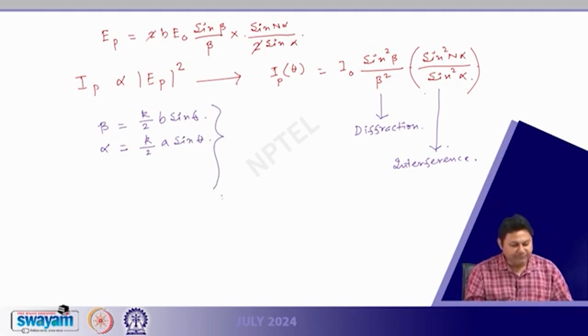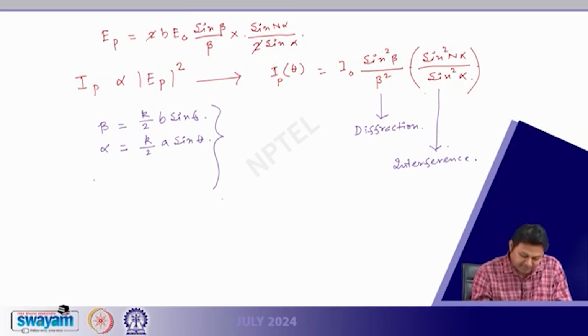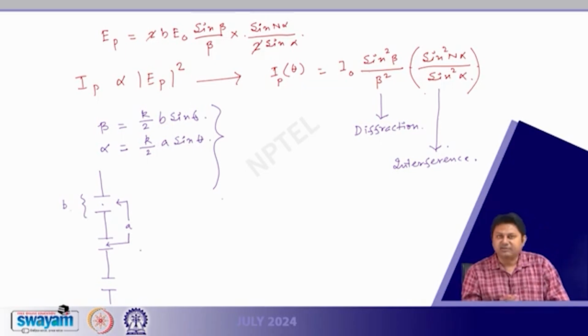That is the expression we have, and let me define what A and B are, if there are multiple slits like this and so on. So, A is the difference between two successive slits measured from center point to center point, and B is the individual slit. With these two we define, and based on that we get these results.